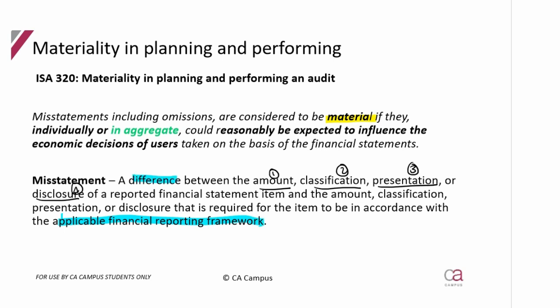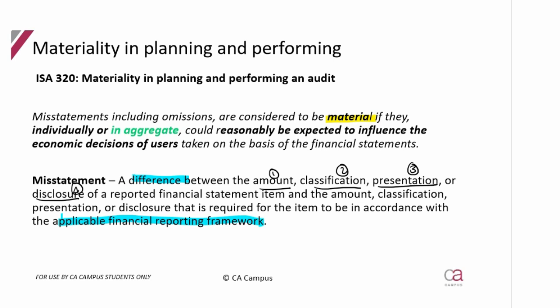So it's the difference between how an item has been recorded compared to what it should be recorded. But look at all those differences, guys. Amount, classification, presentation, and disclosure.